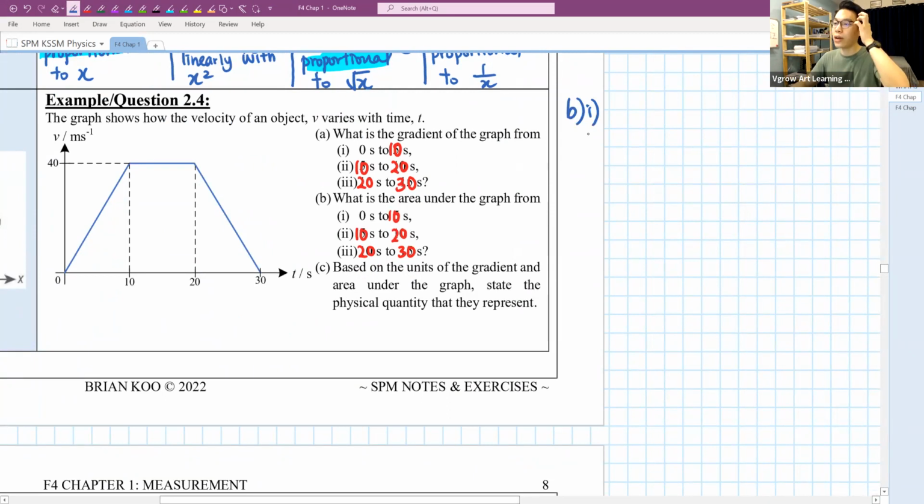Okay, what is the area under the graph? Why we say under the graph? The graph from 0 to 10 seconds for part B1 is like this. This is the graph. They want underneath the graph, below the graph. That means here.